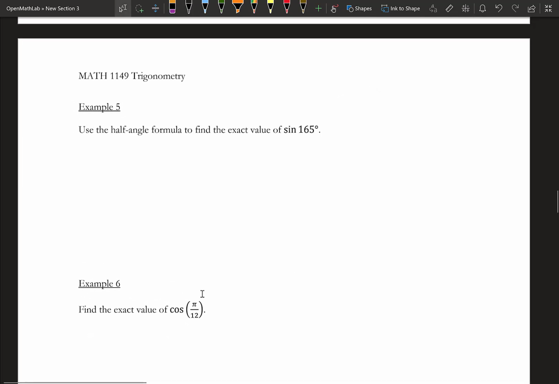We want to use the half-angle formula to find the exact value of sine of 165 degrees. Sine of 165 degrees is equal to the sine of 330 degrees divided by 2, and 330 is one that we have on the unit circle.